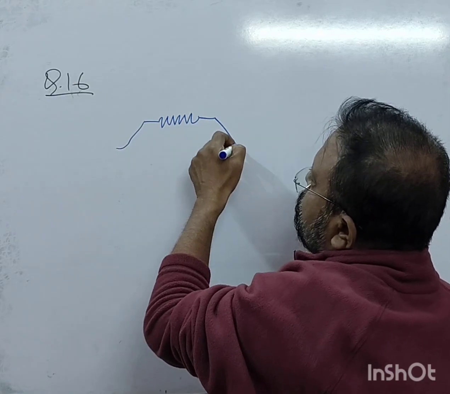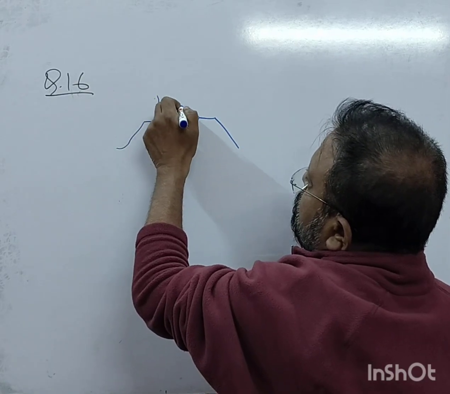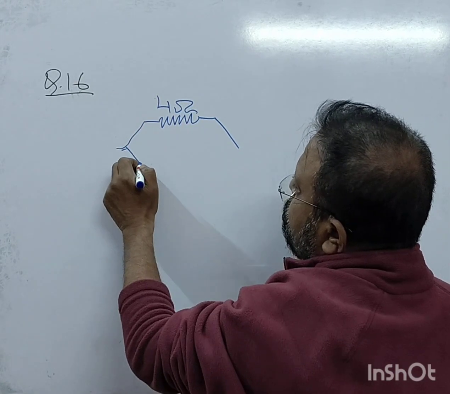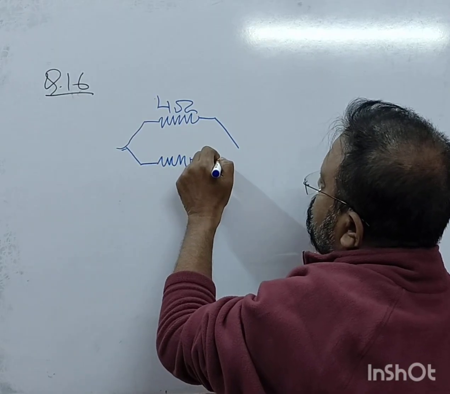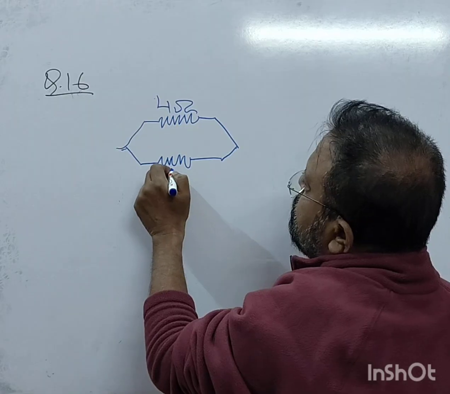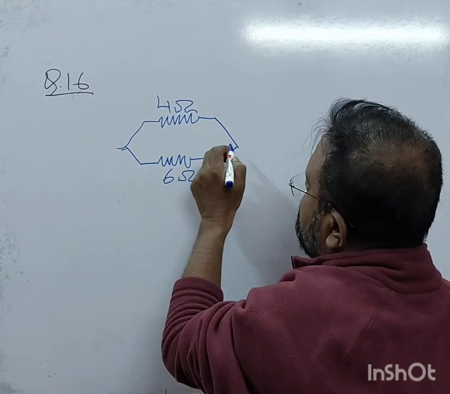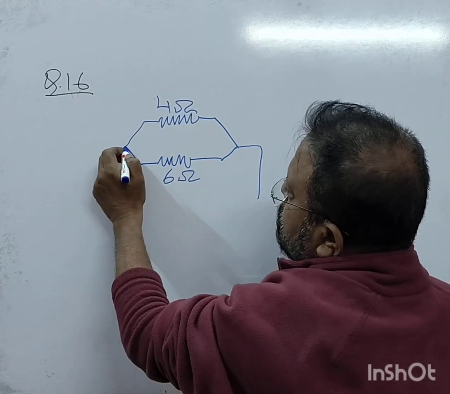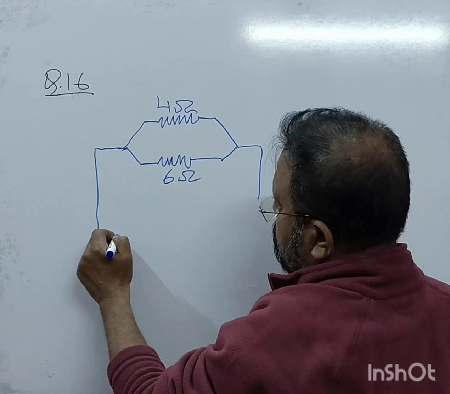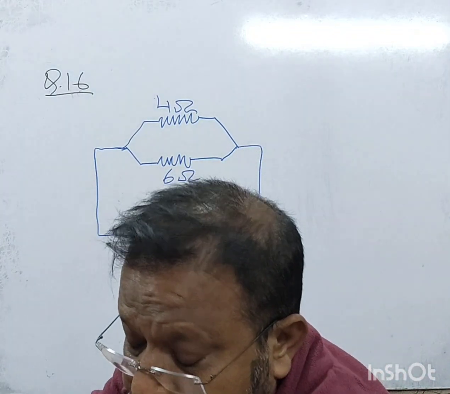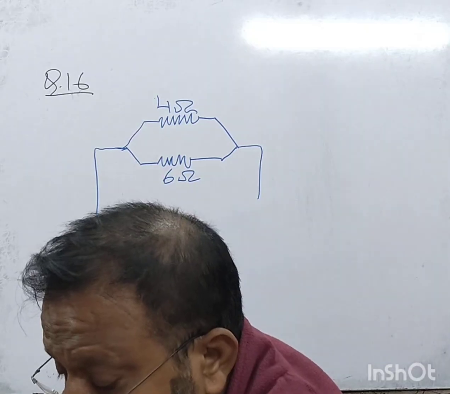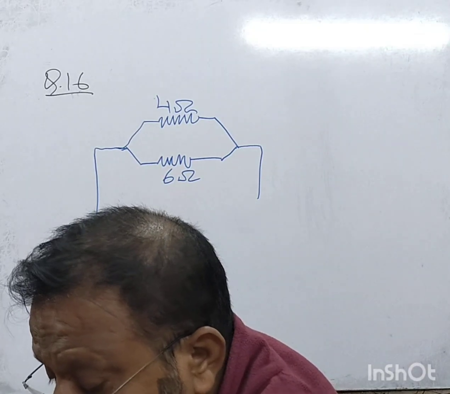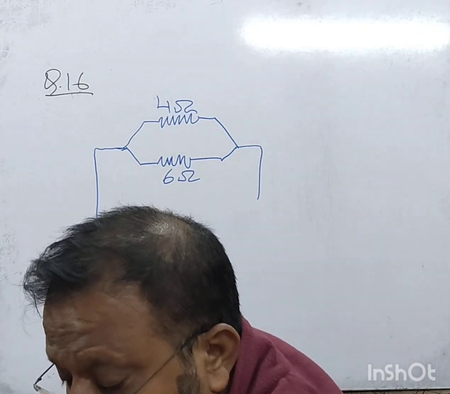One is of 4 ohm, another one is of 6 ohm, right? They are connected in parallel. Then what happens? The parallel combination is connected across a 6-volt battery.